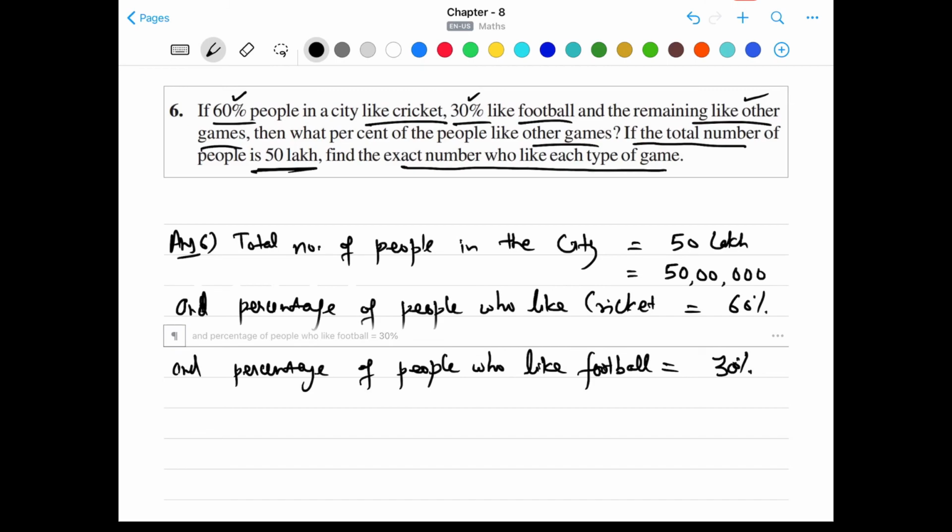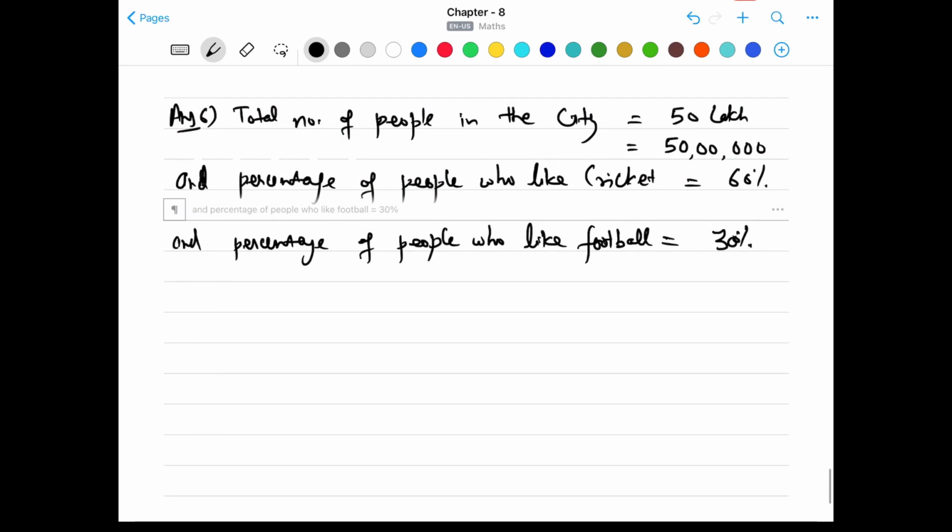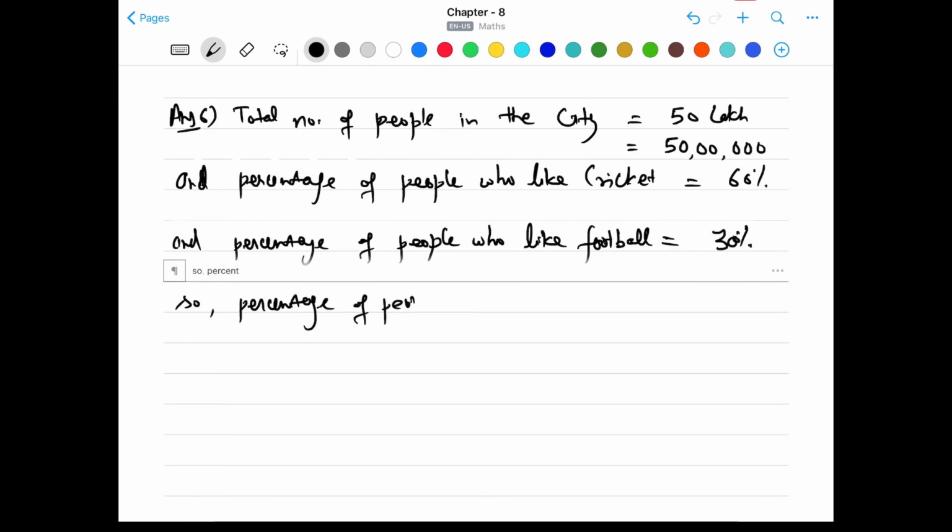So the percentage of people who like cricket is 60%, and the percentage of people who like football is 30%. So the percentage of people who like other games will be equal to the total percentage, which is always 100%, minus the percentage of people who like cricket plus the percentage of people who like football.